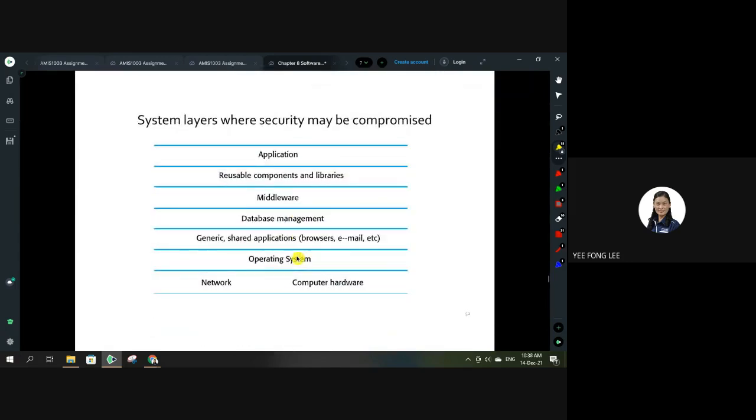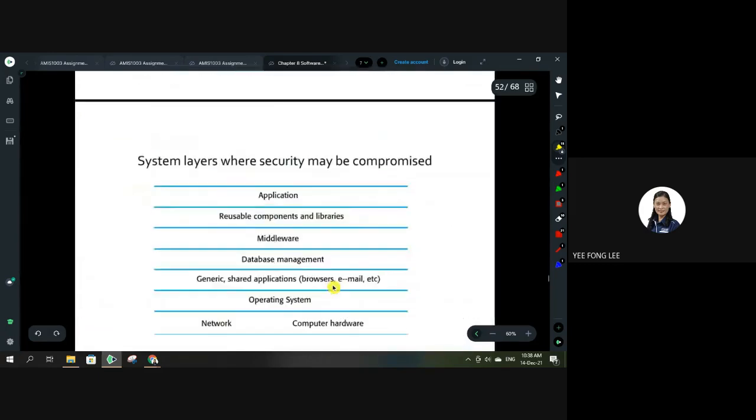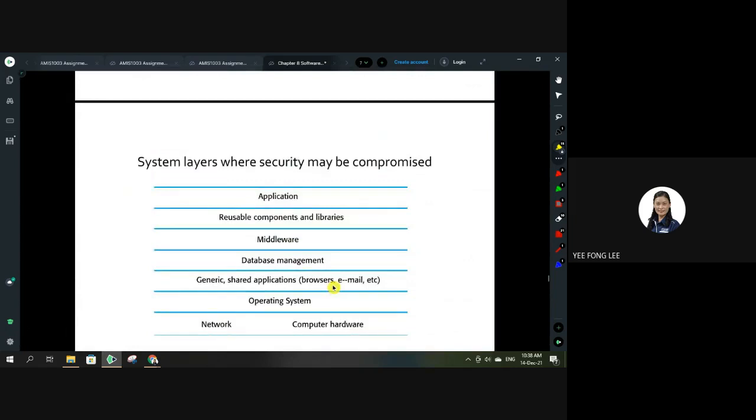Let's look at the next slide. This figure shows how an application system relies on the infrastructure of other systems in operation. The lower levels of the infrastructure here are hardware, and then the software infrastructure for the application system.